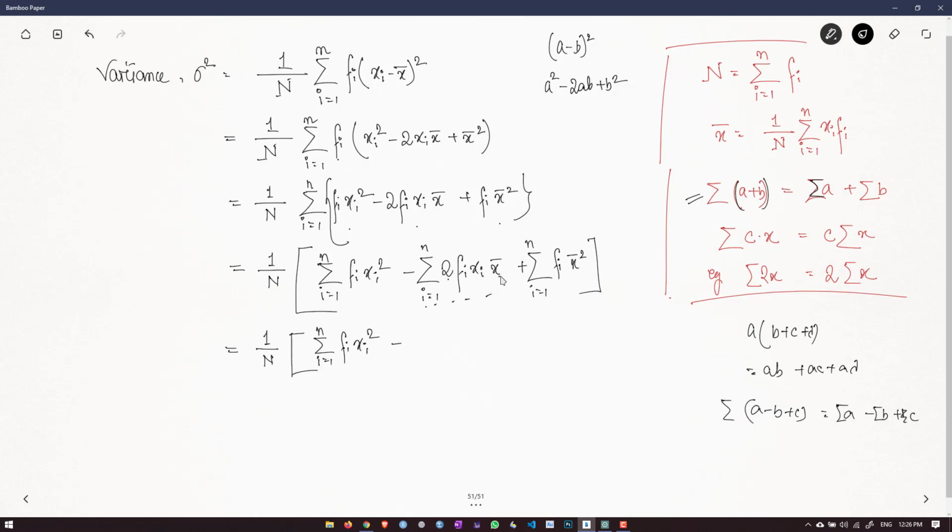Because there is nothing called i in it. In fi and xi there is i, a changing variable. So fi xi are non-constant, they are changing, but 2 and x bar are constant. Now according to this property, constants can be written outside. So here we can write 2 x bar outside, summation i goes from 1 to n fi xi.